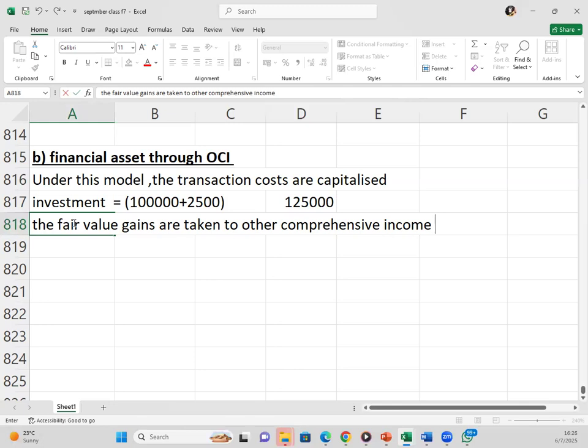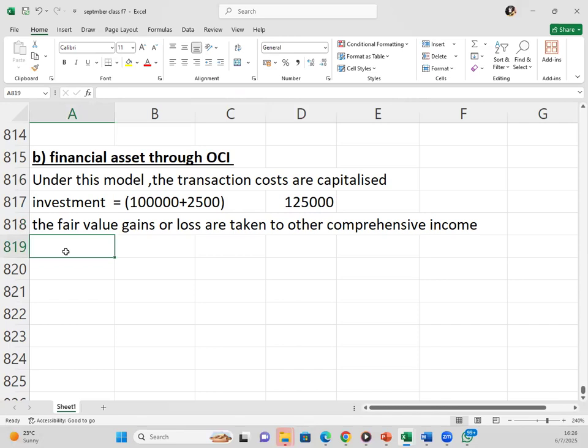So the fair value gains or losses are taken to other comprehensive income. So instead of taking them to profit and loss, you then take them to OCI. So in this case, let's look for the gain or loss.